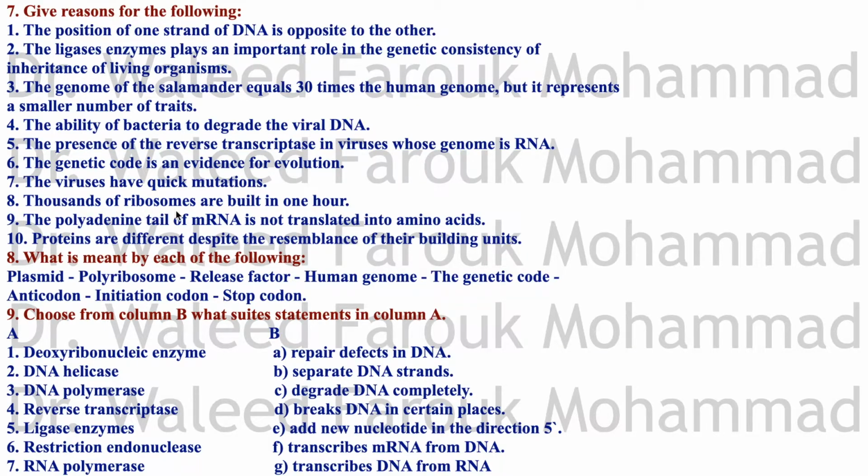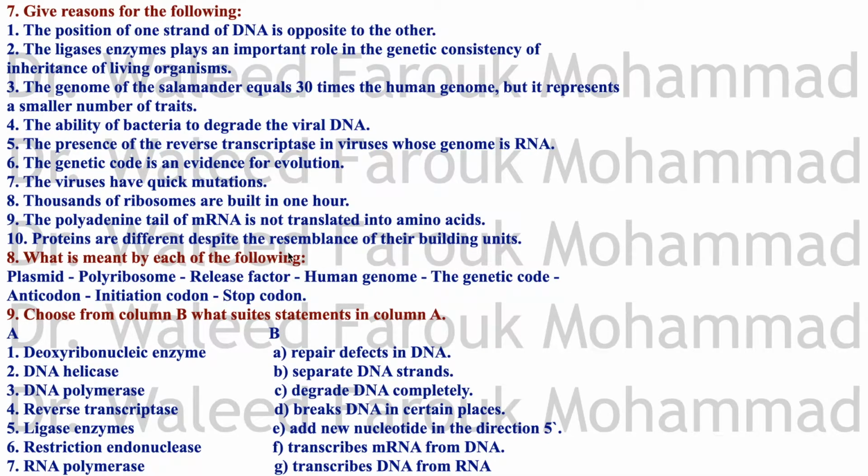Thousands of ribosomes are built in 1 hour because DNA contains about 600 copies of rRNA genes for transcription into rRNA. The polyadenine tail of mRNA is not translated into amino acids because it's there to prevent it from breakdown by enzymes.